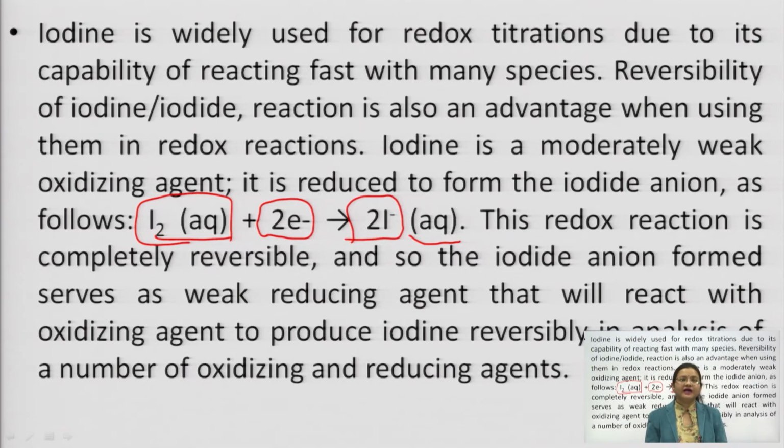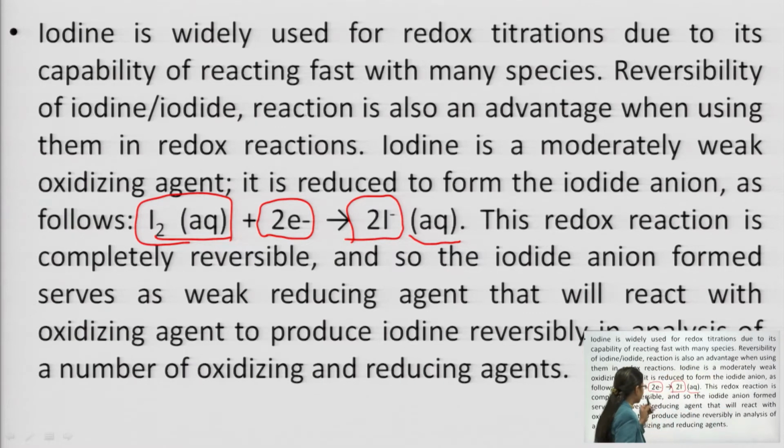We have told earlier also that the species which reduce themselves oxidize others, that is, they oxidize the other reagent, and they are called oxidizing agents. And those which oxidize themselves and reduce others are called reducing agents.